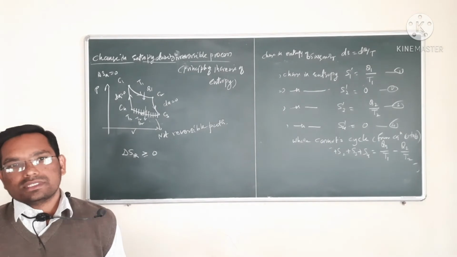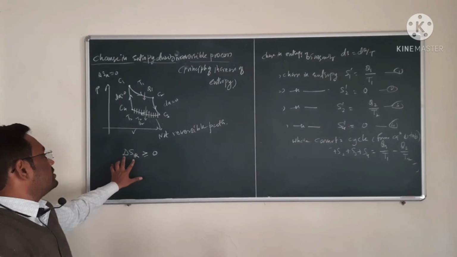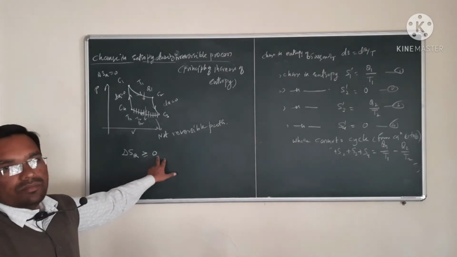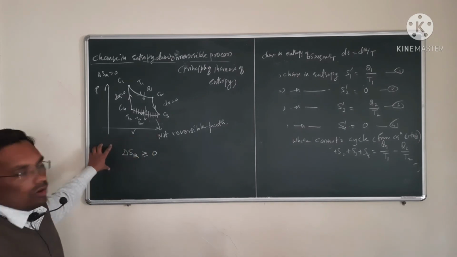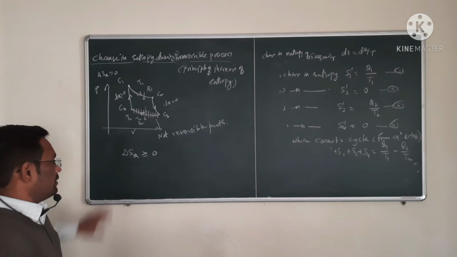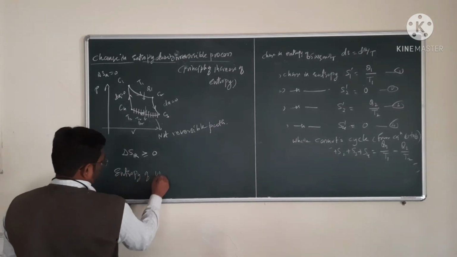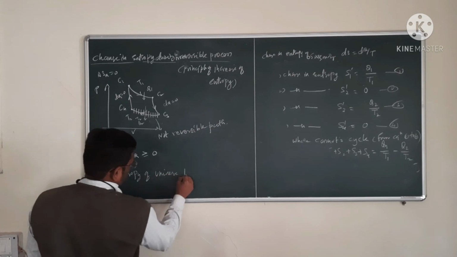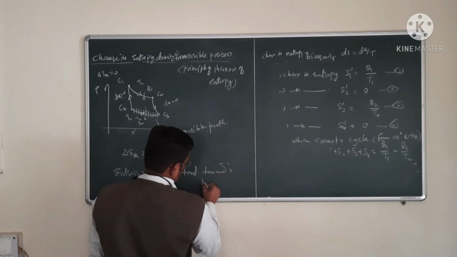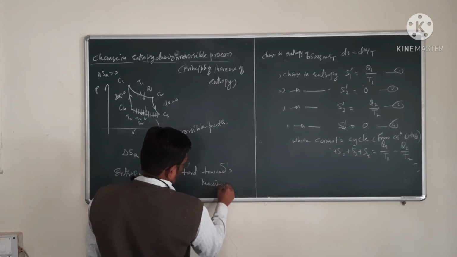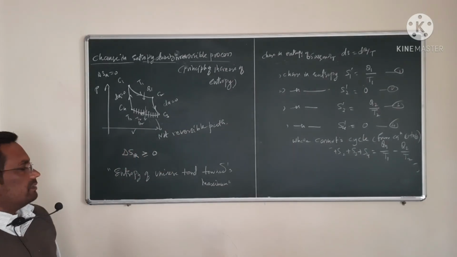मग जर सगळ्या प्रोसेस इरिव्हर्सिबल असतील तर त्या केसमध्ये चेंज इन एंट्रोपी ही काय असणार आहे, ग्रेटर दॅन इक्वल टू 0. ह्याचा अर्थ काय असणार आहे की एंट्रोपी ऑफ द युनिवर्स टेंड्स टुवर्ड्स मॅक्सिमम. रिमेंबर, entropy of universe tends towards maximum.